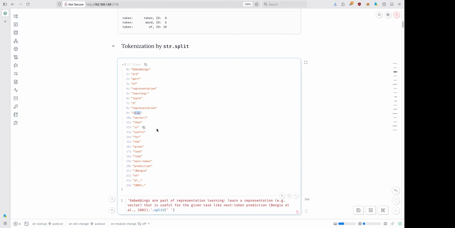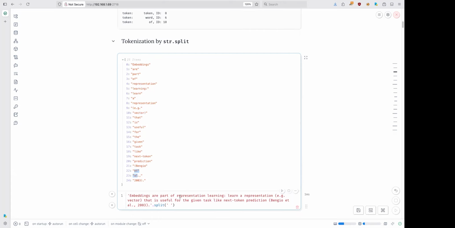Because this combination of symbols means the same thing, means for example, and same thing here. Et al. you don't exactly want to split this up because it means and others, stuff like that. So this is the baby's first tokenization approach, splitting by white space.